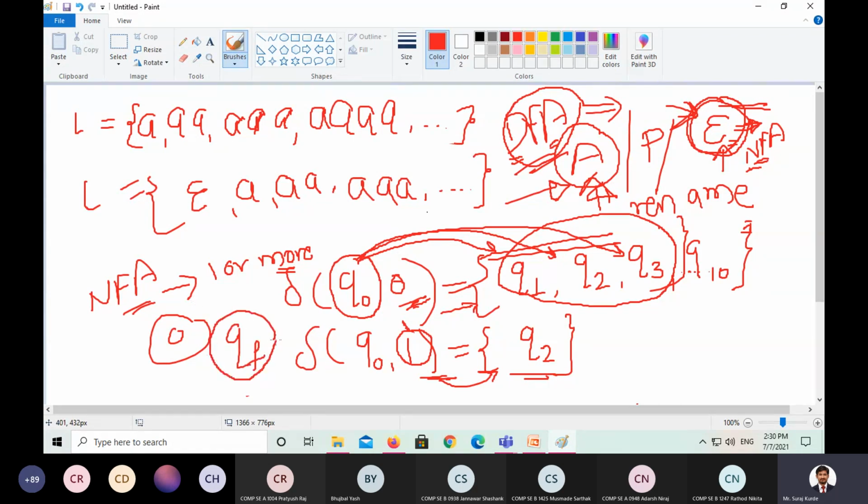We'll see different types of examples. But what you have to remember is, in an NFA, at least one transition will have more than one next state. If all the transitions have only one next state, then it is a DFA.